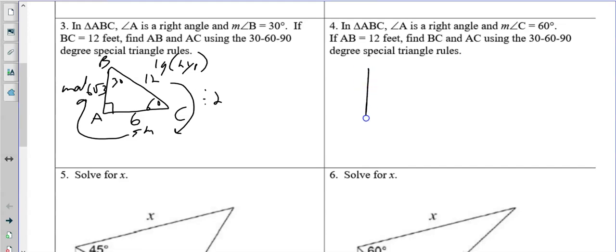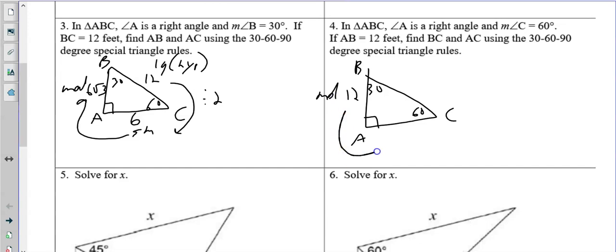All right, again, ABC. A is the right angle. C is 60, which makes this 30. AB is 12. Now, that is the medium side. Remember, we don't want to go to the hypotenuse from here. We always want to go to the small side. So this time we're going to divide by radical 3.